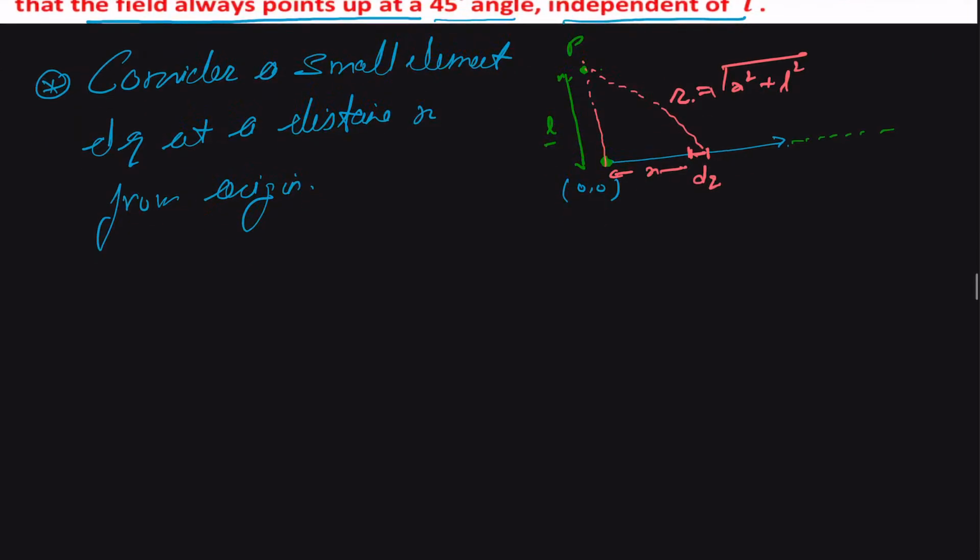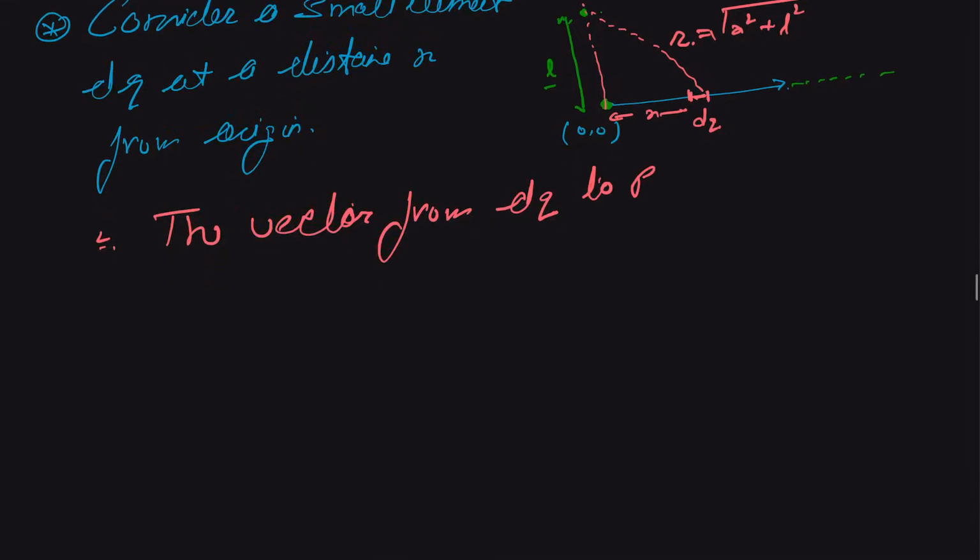You can write the vector from this element dq to P, and that vector is our r vector, equal to minus x x-unit vector plus L y-unit vector, and its magnitude will be equal to the square root of x square plus L square.